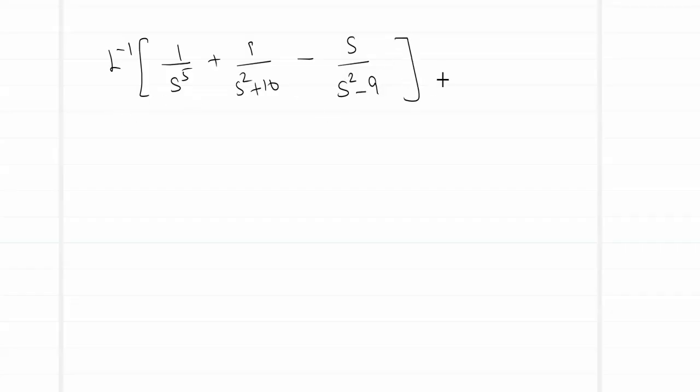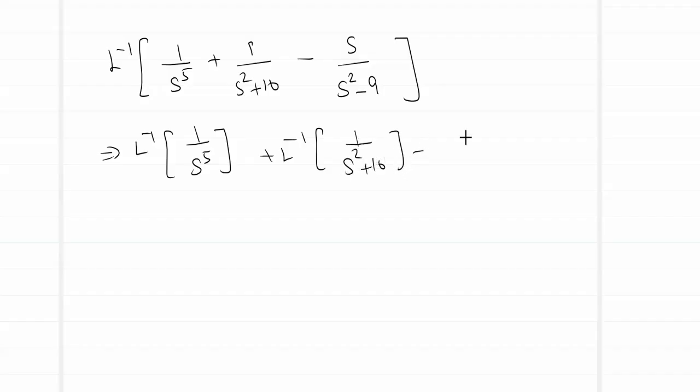Since we know that the Laplace operator is linear, so is the inverse Laplace operator. Hence, I can split them as Laplace inverse of 1 by s power 5 plus Laplace inverse of 1 by s square plus 16 minus Laplace inverse of s by s square minus 9.